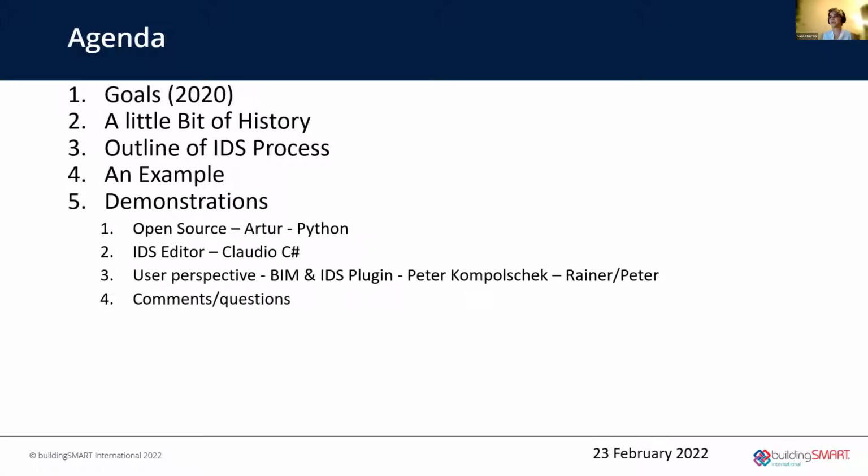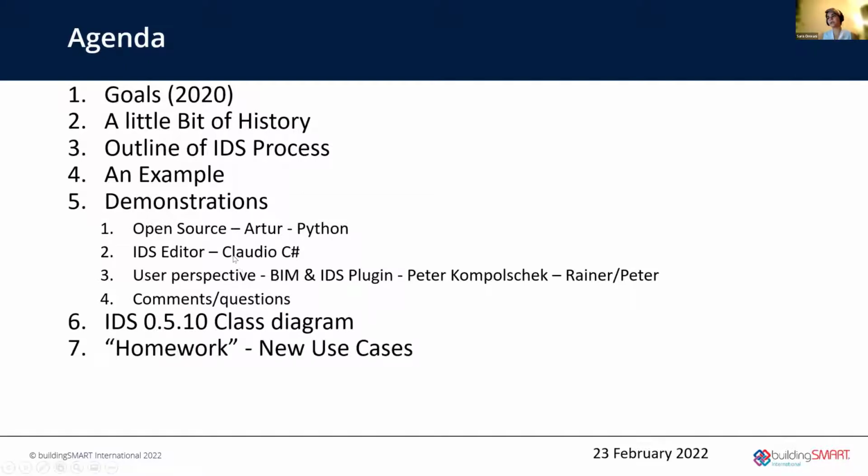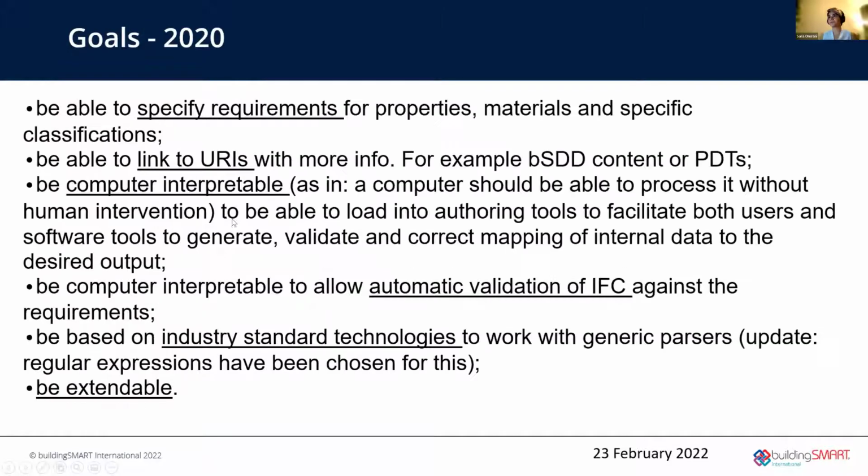We've got 3 demonstrations, and you have a chance to ask questions or make comments. And then we'll talk about the IDS 0.5.10 class diagram and some new use cases, the current issues and next steps. Then again, we'll have time for questions.